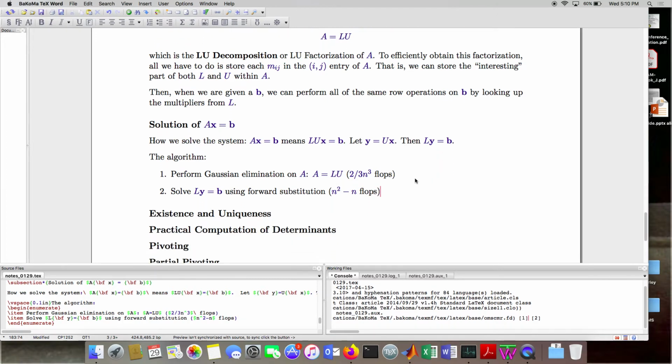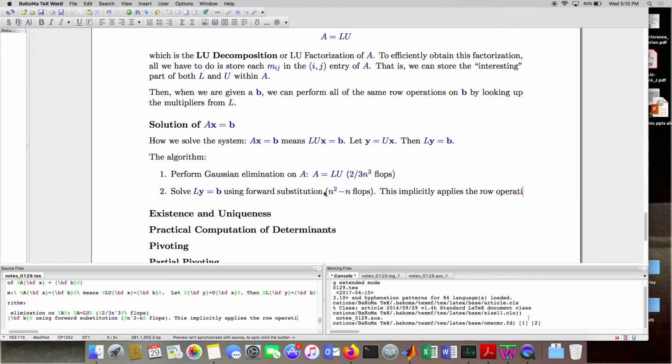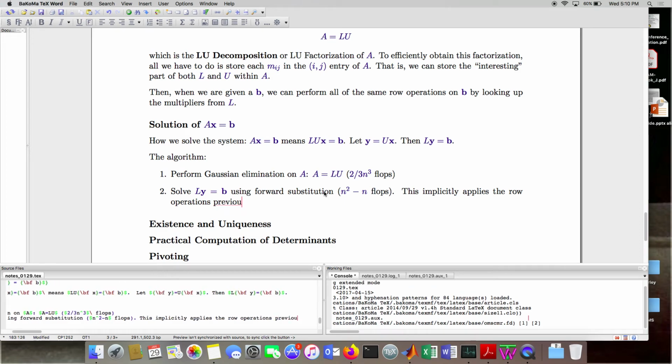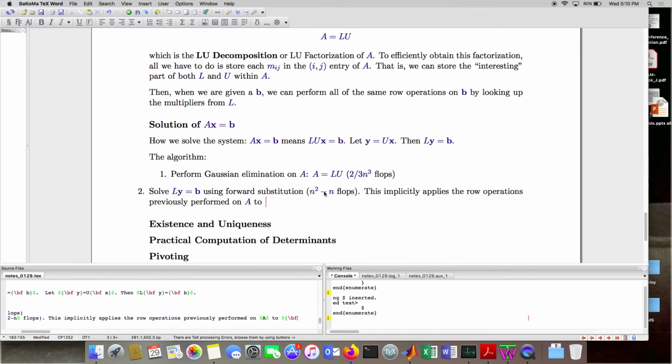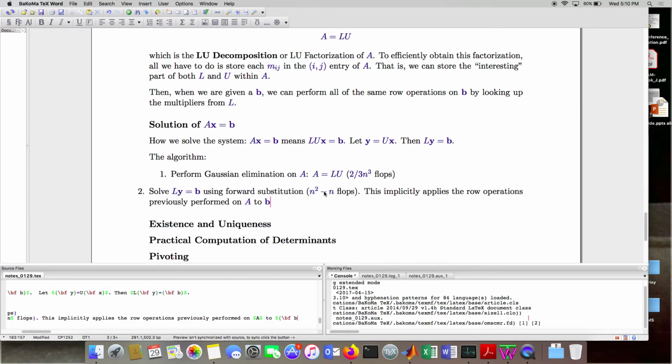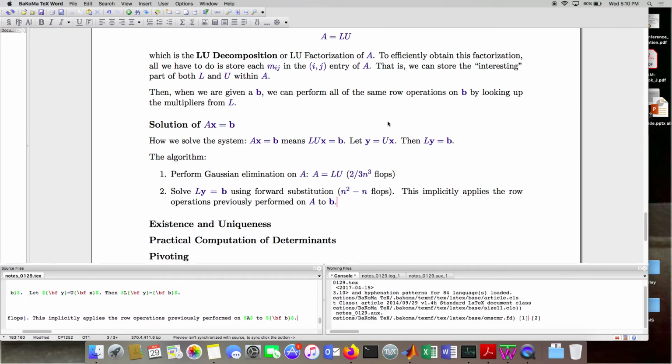It's a lot less. Now, I should mention this implicitly applies to B the row operations previously performed on A.